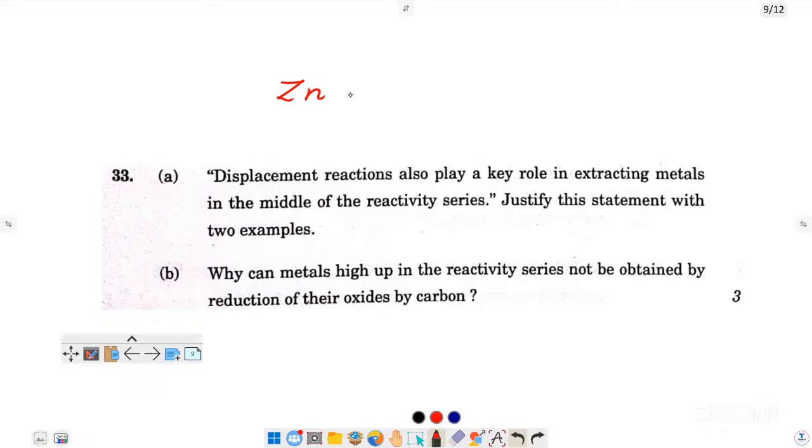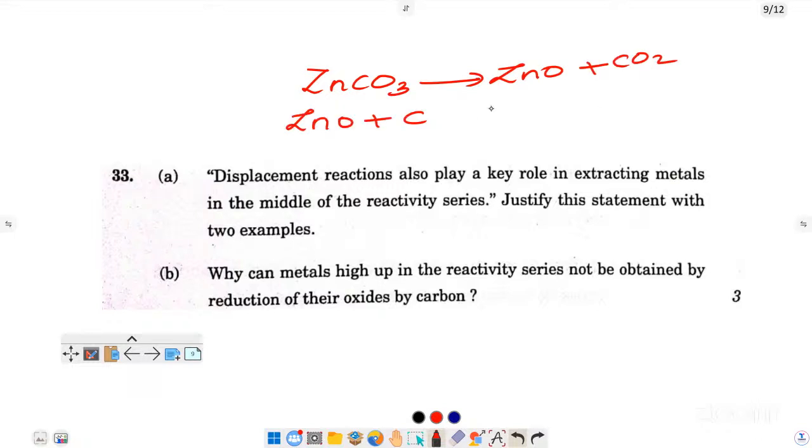Middle of the reactivity series means you can take zinc and iron as examples. Like you can take zinc carbonate first. On heating, zinc carbonate gives zinc oxide and carbon dioxide. And zinc oxide will react with carbon to form zinc and carbon monoxide.